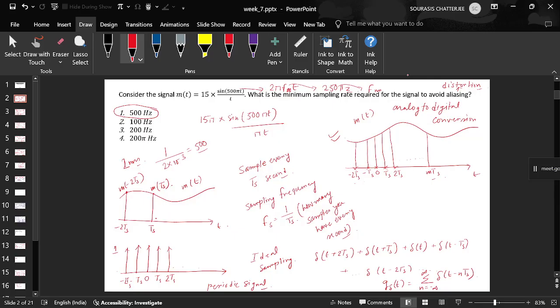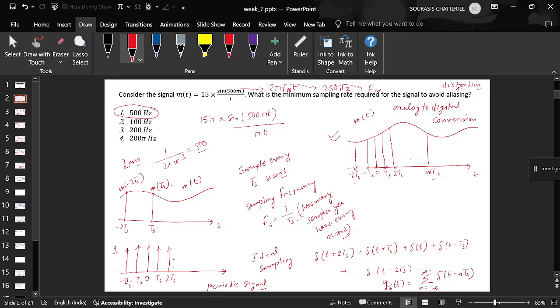So when you multiply the message signal with the impulse train, the impulse amplitude is modulated by the message signal. That is the only thing that happens. Now this impulse train is used for ideal sampling. It is not a very practical thing, but theoretically it's for ideal sampling.